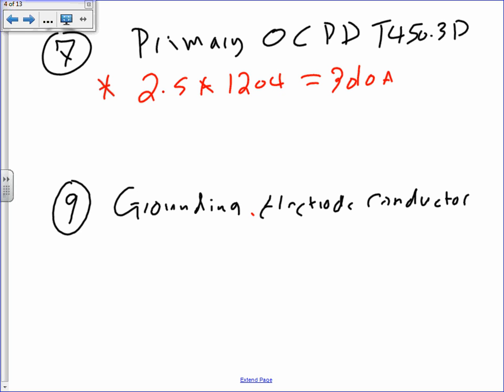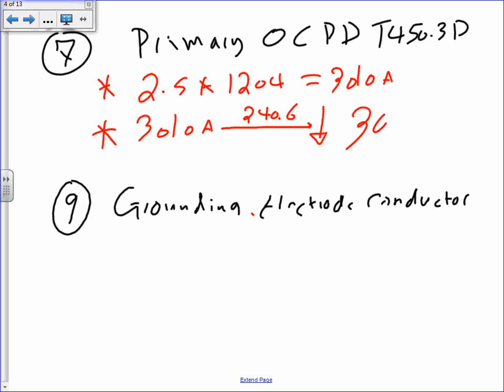Then next step, you take 3010 amps to 240.6, and what do you get? You have to go down if it's not standard, because the table tells you you can't go up. So your standard is 3000 amp. Disagreement? Because the table doesn't say that you go up.